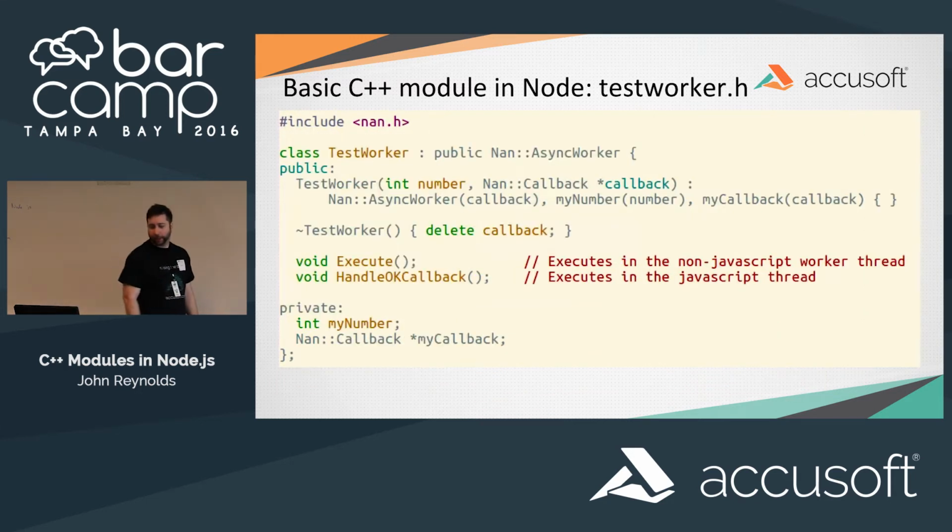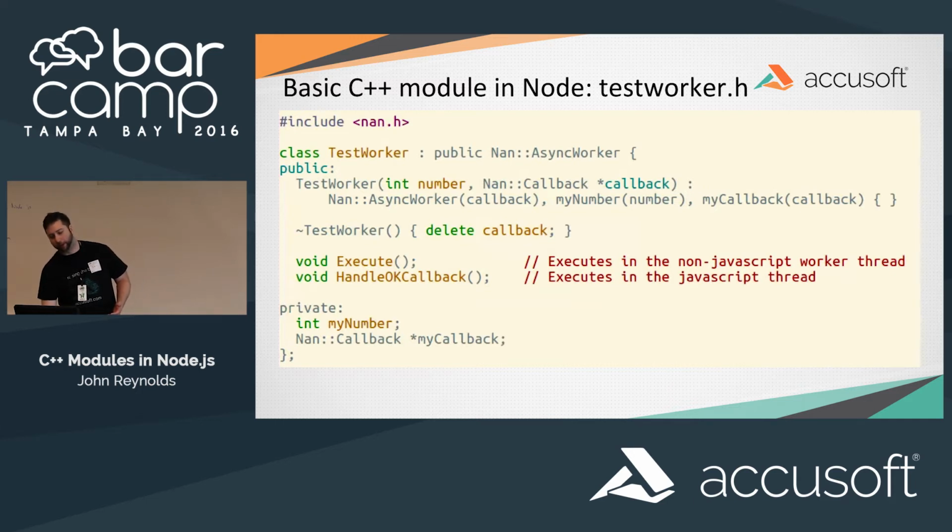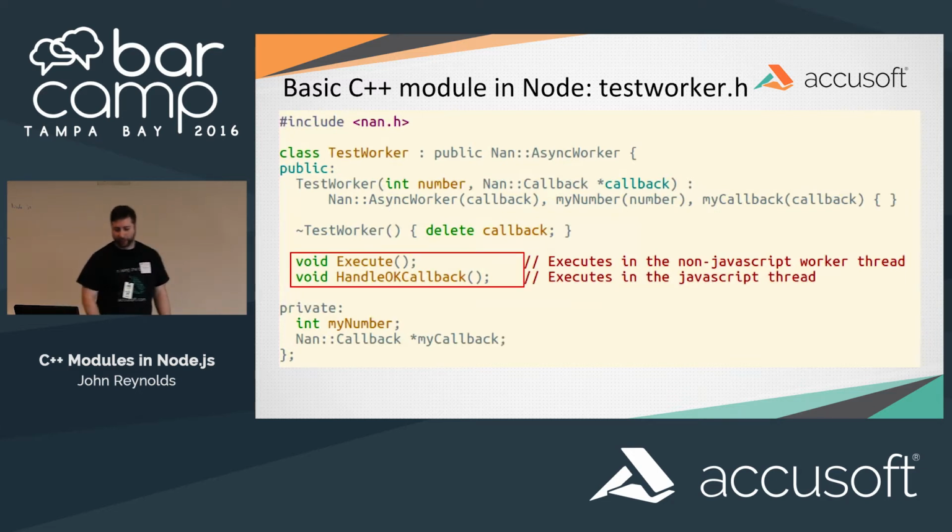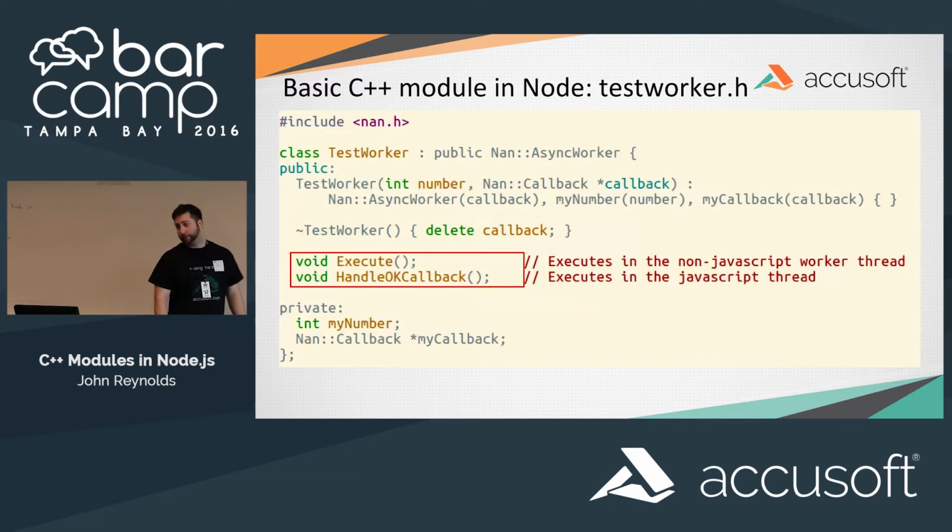So then we have our actual test worker. This is the header file for it. A lot of this is mainly boilerplate code, but this is a subclass of the AsyncWorker class that's provided by nan. Now, two functions I want to bring to light are the Execute function and the HandleOKCallback function.